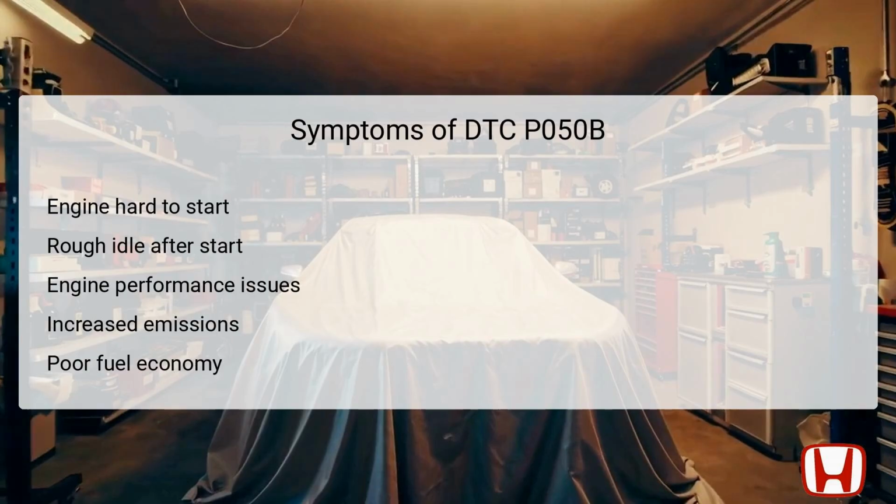Additionally, drivers may notice an increase in emissions, which can result from inefficient combustion due to poor ignition timing management. For fuel efficiency, you may experience decreased fuel economy given the engine's struggle to reach optimal performance levels. Recognizing these symptoms can help identify the presence of the P050B code and emphasize the importance of addressing it promptly.